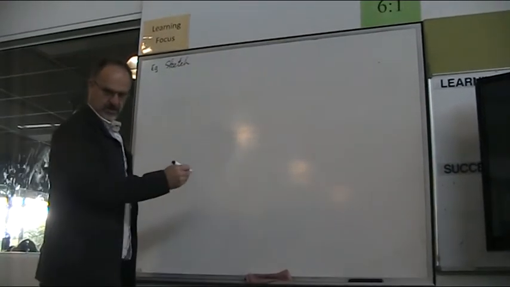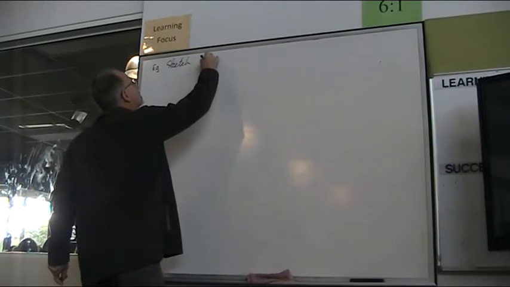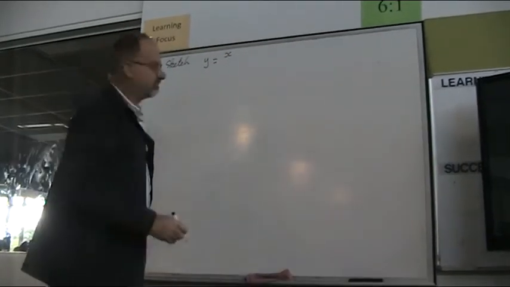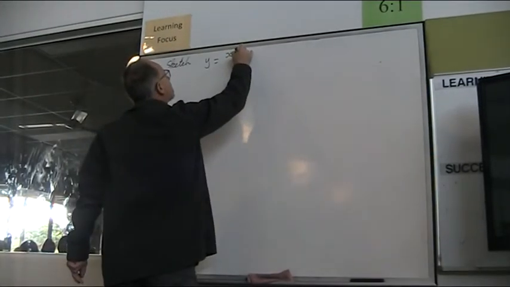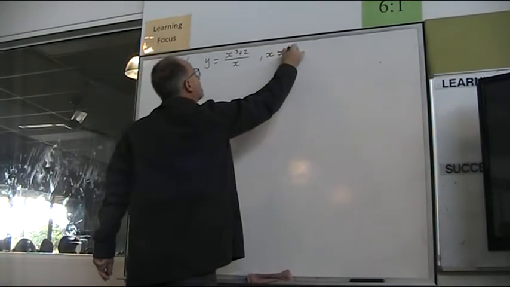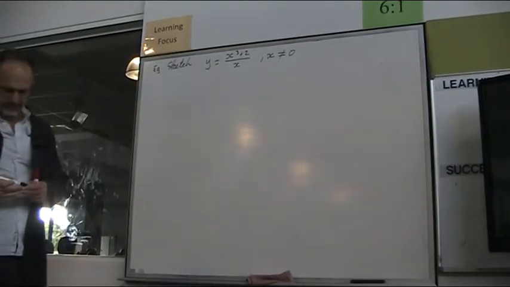Alright, so let's sketch y equals x cubed plus 2 on x, and x is not allowed to equal 0.